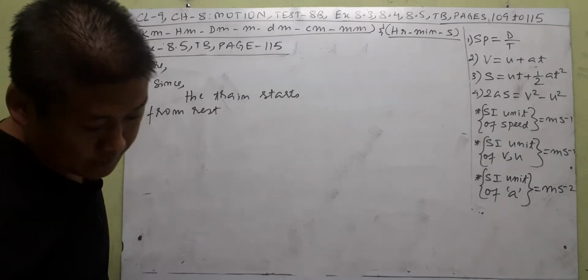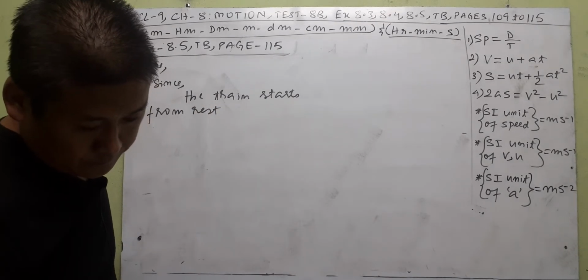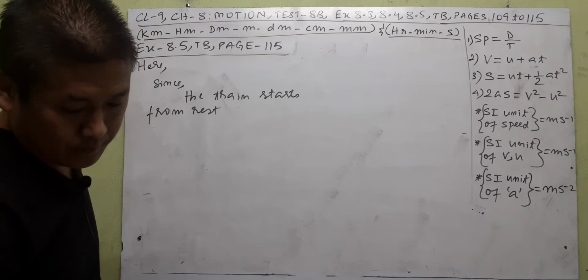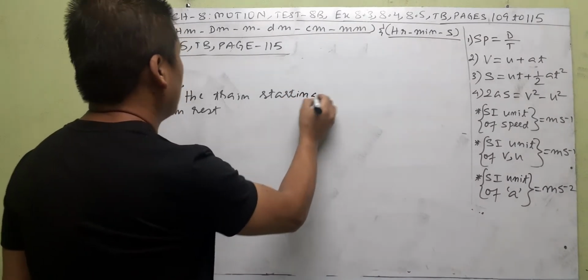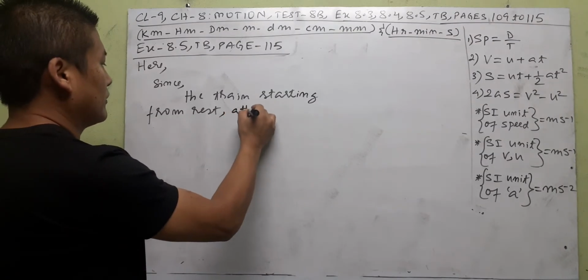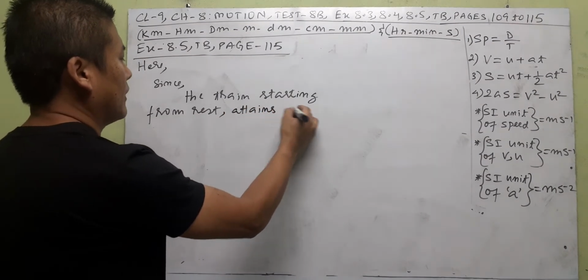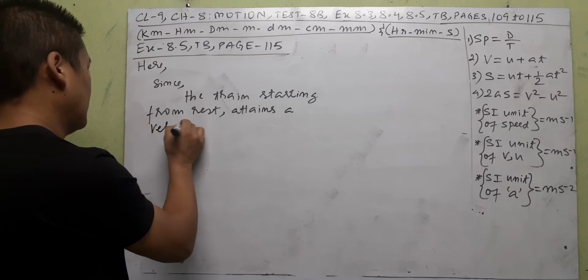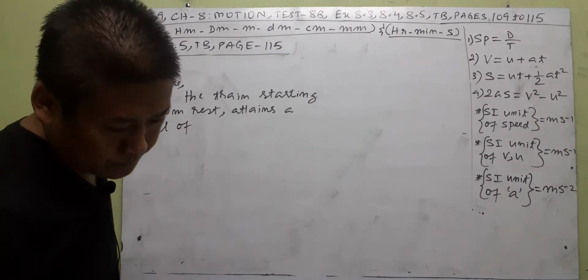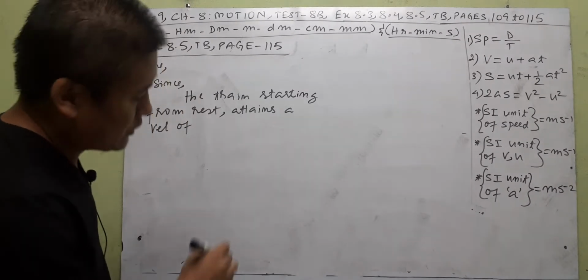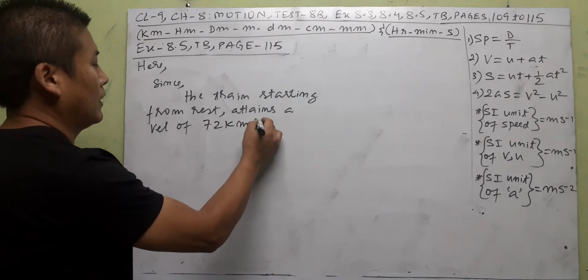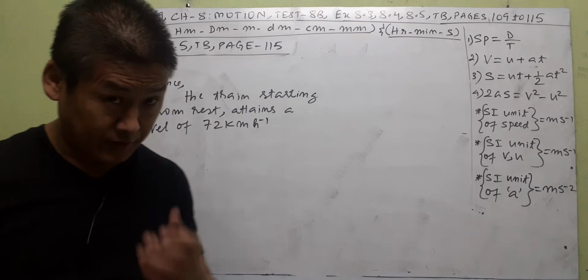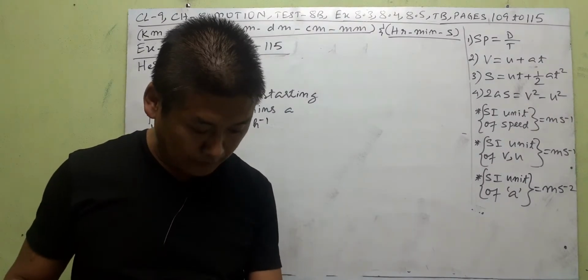Train starting from rest attains, according to the language of the text, a velocity of 72 km per hour, like this the textbook is using, in 5 minutes.